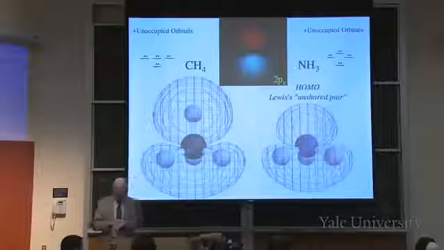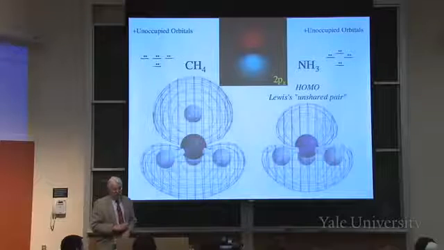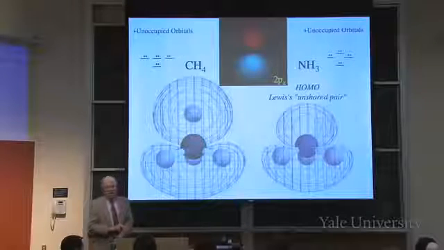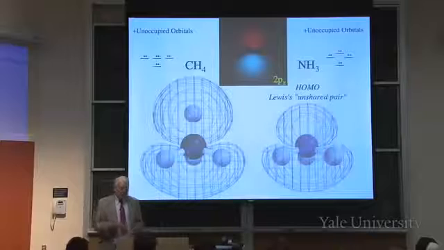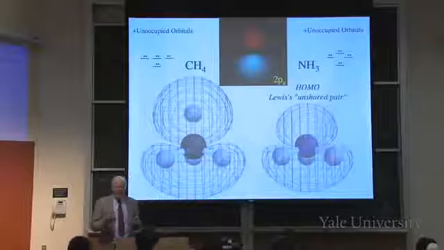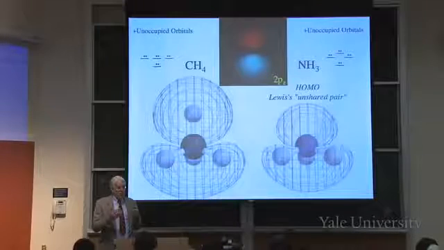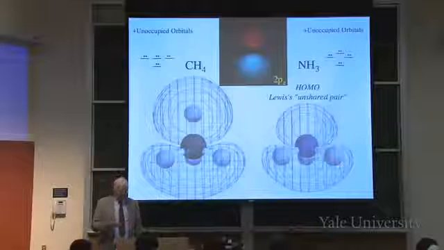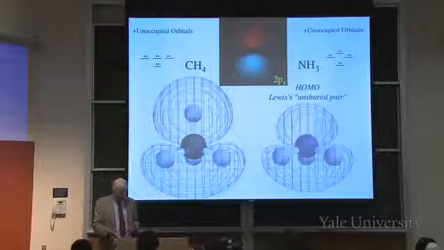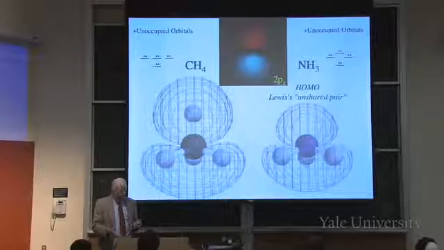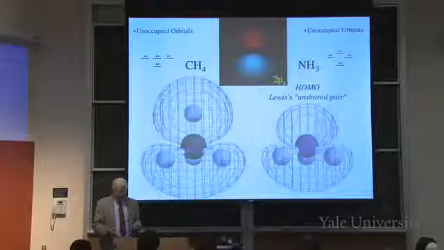Now there are also vacant orbitals, right? Remember, you can have any number of orbitals. We're looking at the ones that you can make from the 2s and 2p, but we have a number of atomic orbitals that we can use.